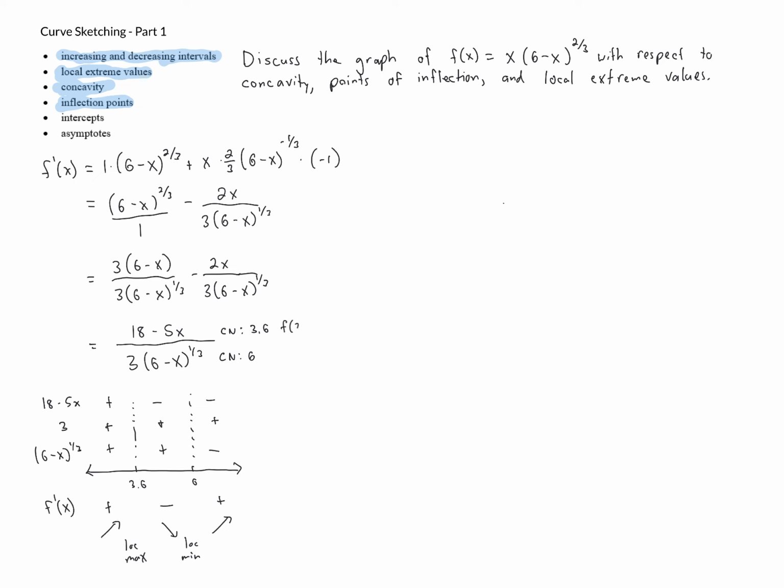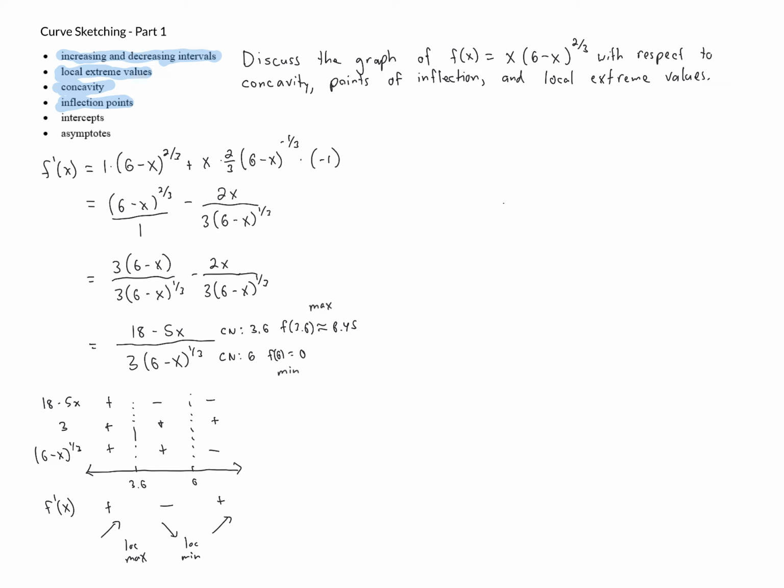So f of 3.6 is approximately 6.45. I'm just plugging this into the original function. And then when we evaluate this at 6, that ends up just being 0, because that gives us a factor equal to 0. So we've got a local maximum at (3.6, 6.45), and then a local minimum at (6, 0).